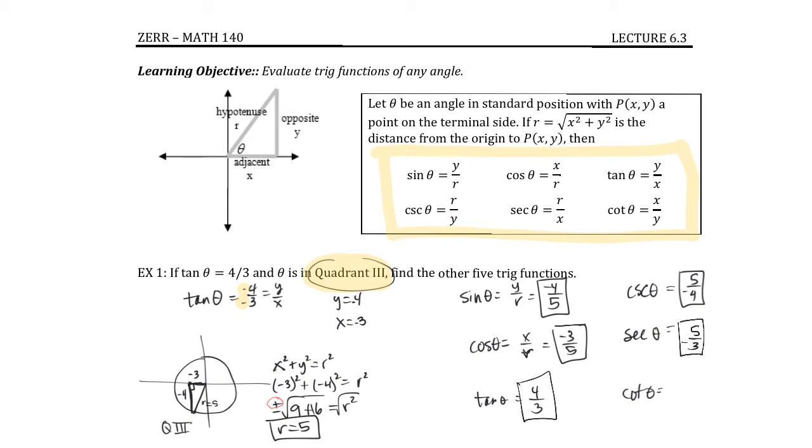And we were already given tangent, so cotangent is the reciprocal. Okay, so really the thing that's tricky to keep track of is, it does help to draw a picture, because we need to know what quadrant we're in, and if x and y are positive or negative in each of those quadrants.